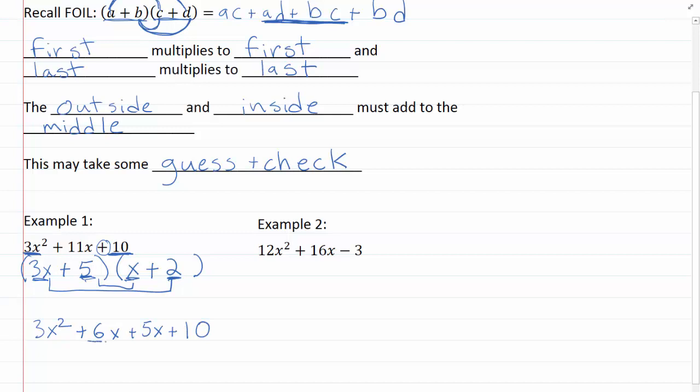Now you can see we definitely have common x's here in the middle. So these two are like terms and we can add them together. So we'll get 3x squared plus 11x plus 10. And that is exactly the expression that we started with at first. So we have successfully found our factored form right here, and we can see that it multiplies out to exactly what we want it to multiply out to.